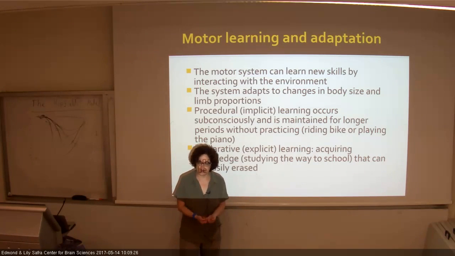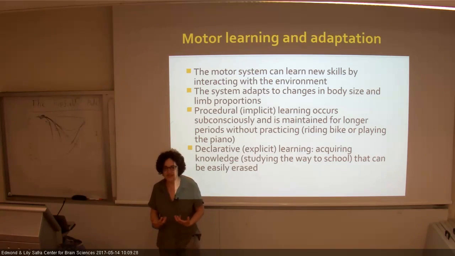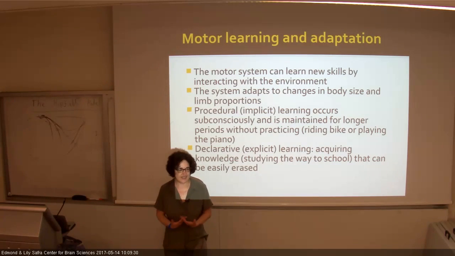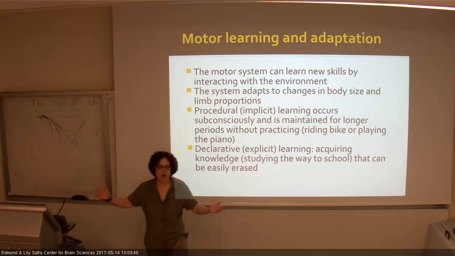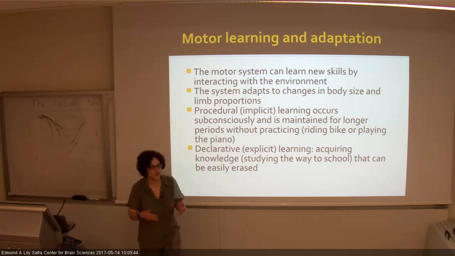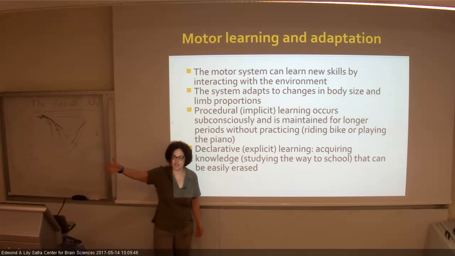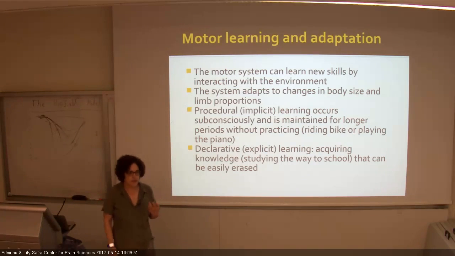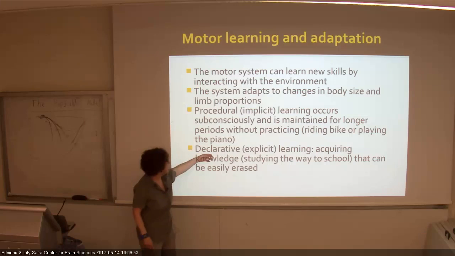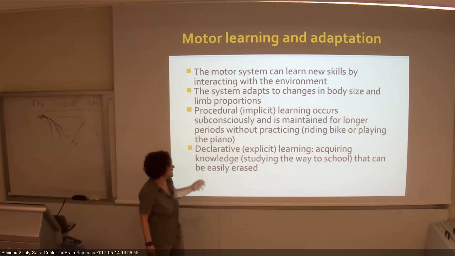It still has a motor component to it, right? Because you move, but it's not like if I let you do a random walk in the campus, and after several years of not eating, you'll find the cafeteria or the good cafeteria, right? So there are some differences between the declarative and the procedural learning.